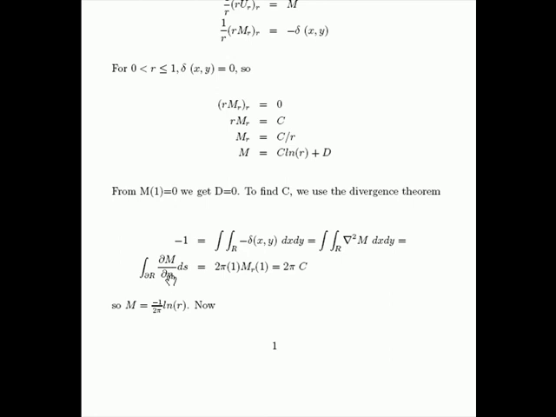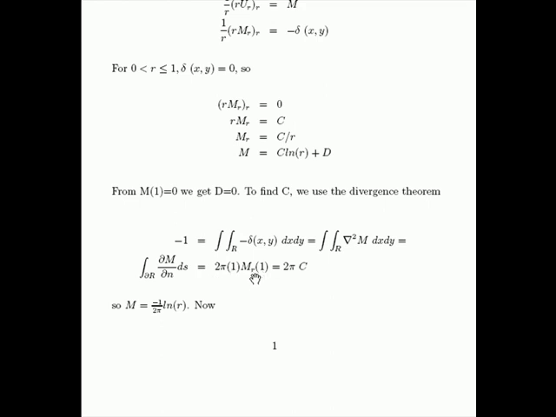I'm probably losing you on some of this, but look at appendix A and you'll understand this. So by the divergence theorem, this is equal to the integral of the normal derivative of m over the boundary. Well, the boundary is just r equals 1, and partial of m with respect to n is just partial of m with respect to r. The derivative in the normal direction is just the derivative with respect to r, so that's just a constant m_r at 1 times the length of the boundary, which is 2 pi times r, where r is 1.